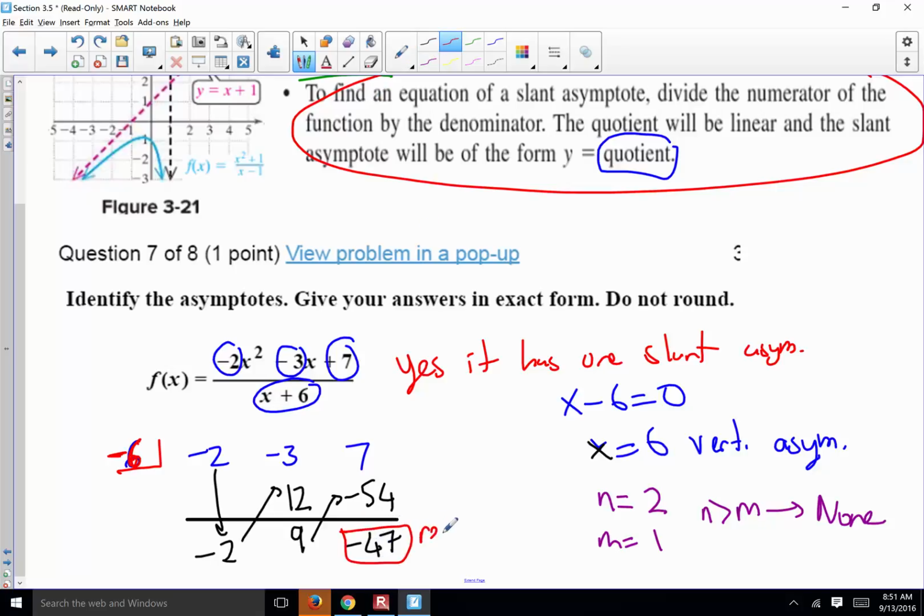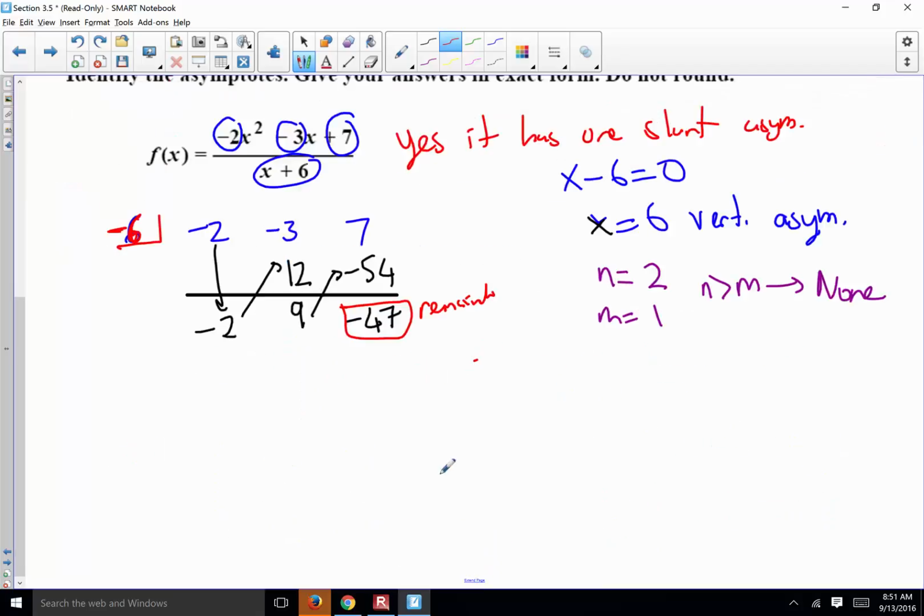Anyway, this is the remainder. They don't want the remainder, they want the quotient. Where is the quotient then? So again, we don't care about this one. This is the quotient. But you just need to write it as y equals an x expression. How do I use minus 2 and 9? You put 9 first, plus 9. And you put minus 2x here.